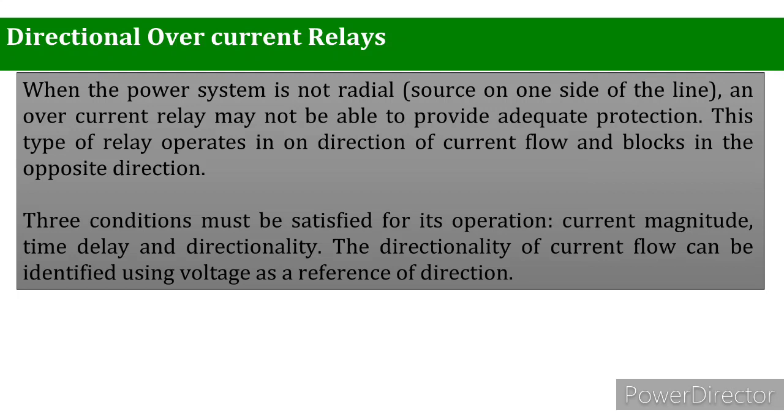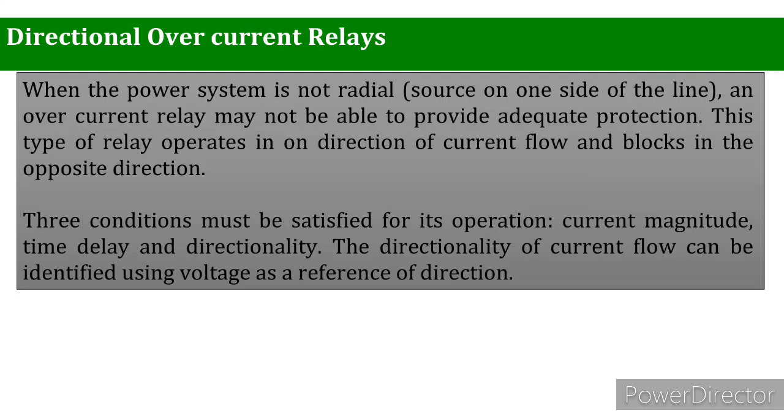More type is the directional overcurrent relay. When the power system is not radial, as you read in power distribution systems, you have three systems: the interconnected system, the radial system. So when your system is not radial, you can see a source on one side of the line. An overcurrent relay may not be able to provide adequate protection.